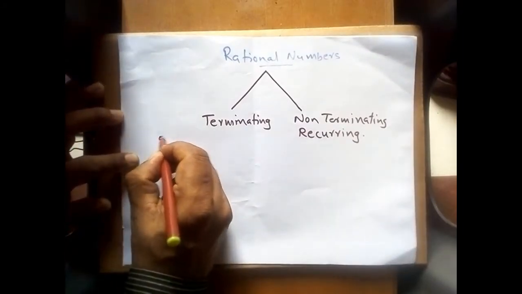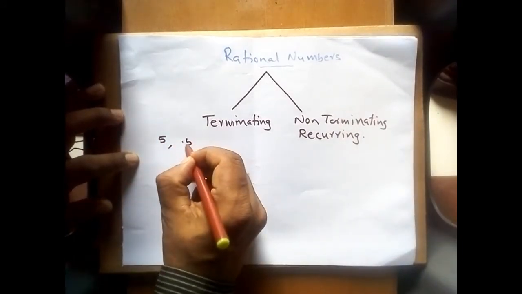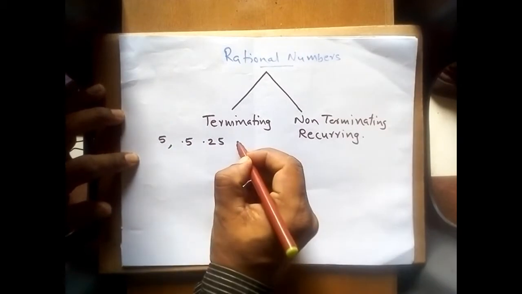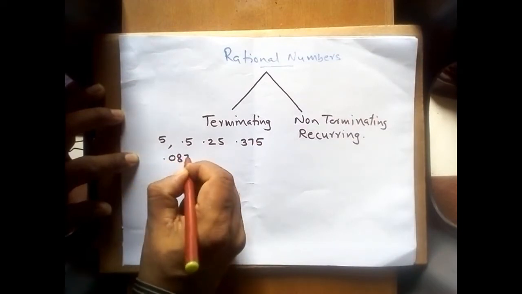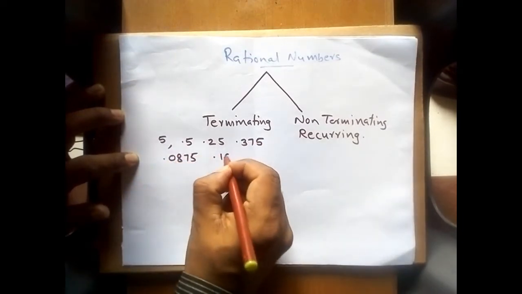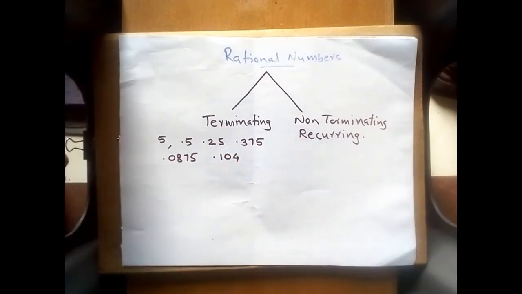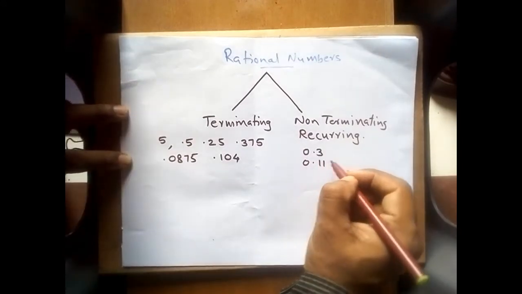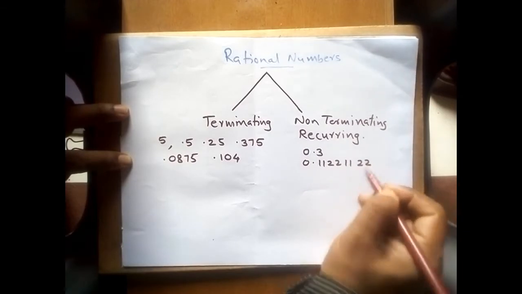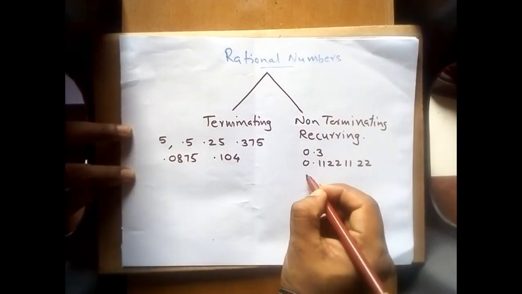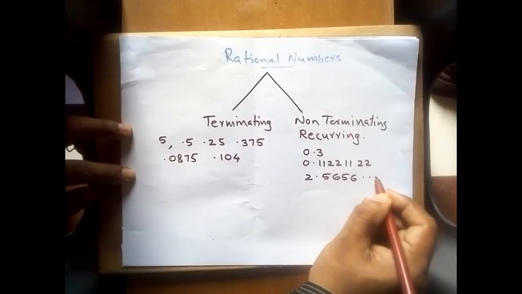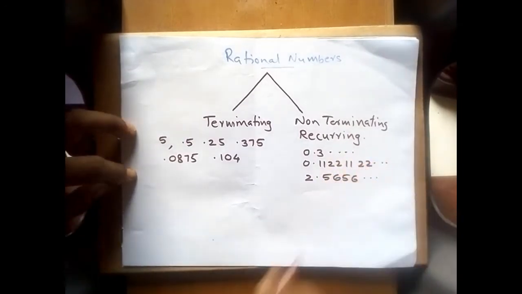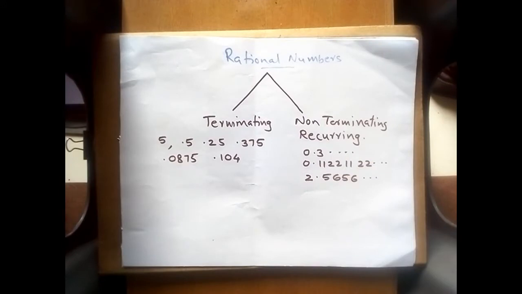Terminating rational numbers, say 5, 0.5, 0.25, 0.375, 0.0875, 0.104, etc. What about non-terminating? 0.1122 1122, etc. 2.5656, etc. So these numbers are also rational numbers.